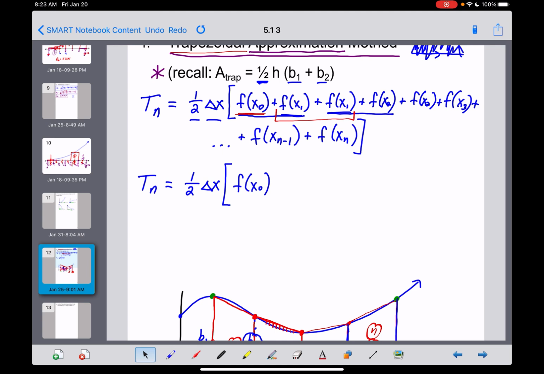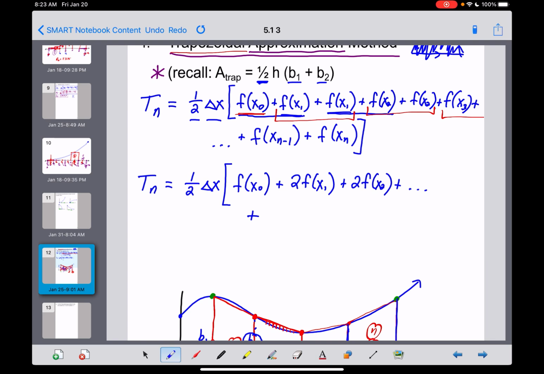And likewise, f of x2 is going to occur twice. Same thing with f of x3, and same thing with every x value up until the very last one. Because all of those occur twice, we're going to put a 2 here times f of x1, and another 2 times f of x2, plus dot, dot, dot. And then let me finish this thing up on the bottom right here.